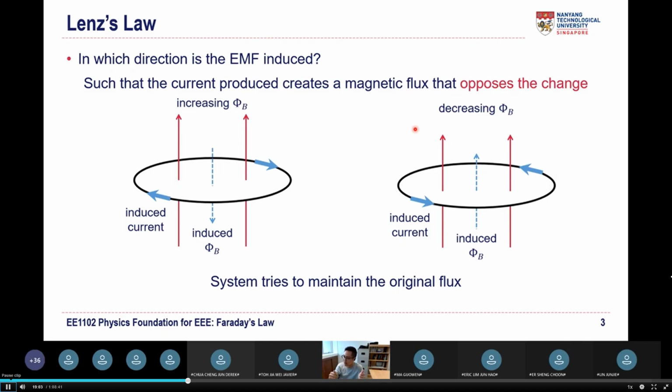The flux is changing. Is it decreasing this way, or is it increasing this way? That's more important. And then Lenz's law says that it will try to maintain the original flux. Okay. So then the induced current will be in such a way to do that.